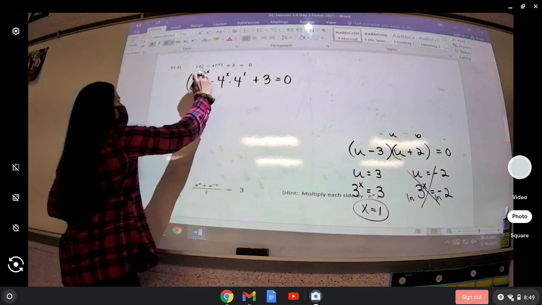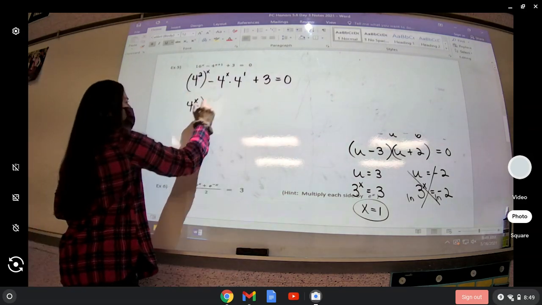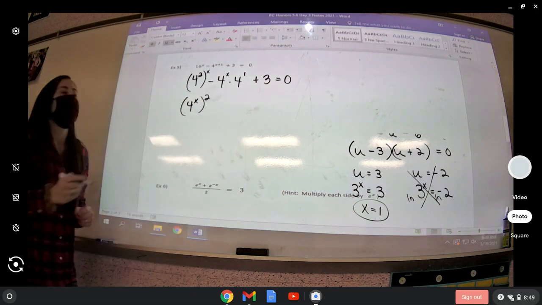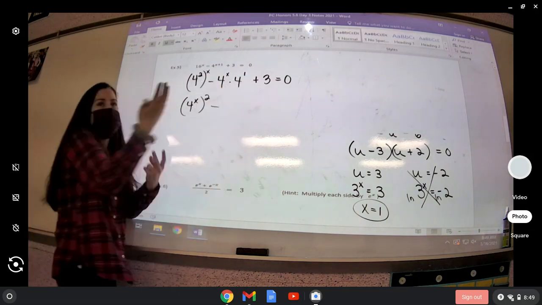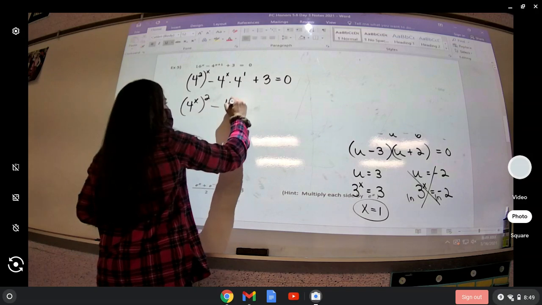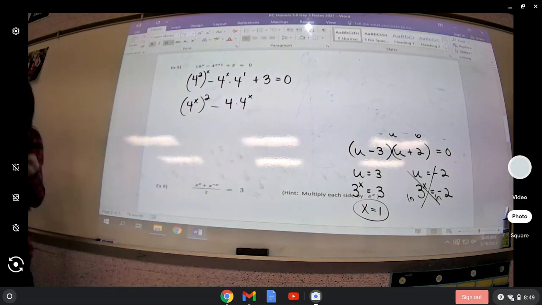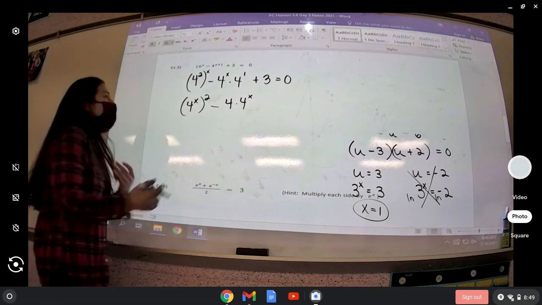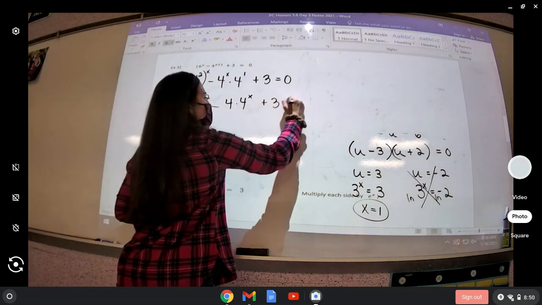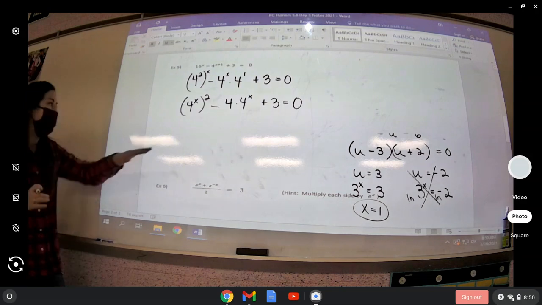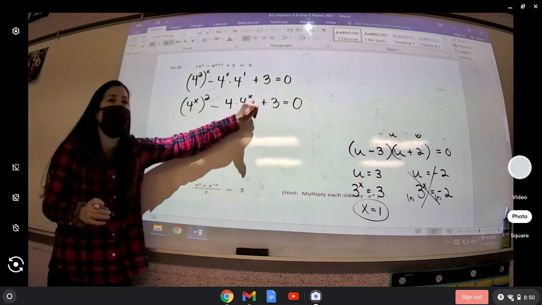Well, now watch this. Let's rewrite that as 4 to the x squared minus 4 to the first, which is 4, guys. So I'm going to rewrite that as 4 times, and I'm going to put 4 to the x after it because the order in which we multiply doesn't matter.